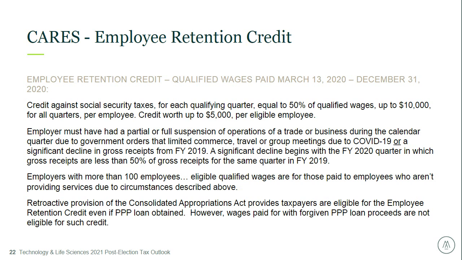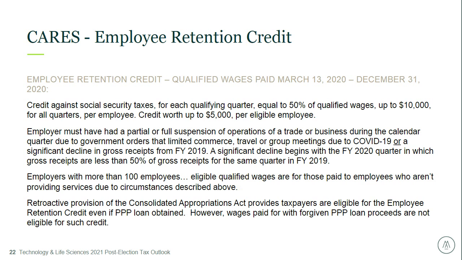The way that you look at whether a significant decline happened is it begins with the fiscal year 2020 quarter in which gross receipts are less than 50% of gross receipts for the same quarter in fiscal year 2019. There is also a limitation on the number of employees that an employer might have.